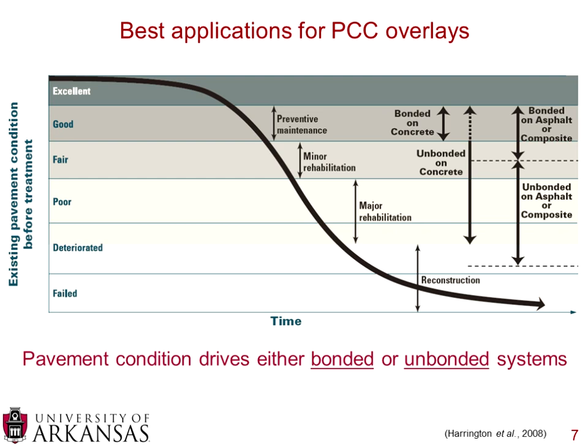So that's kind of how the pavement deteriorates and what sort of things you're looking at doing once a pavement reaches that stage. And you can see there on the far right, they have our two types of overlay systems. You have your bonded system and your unbonded system. And you can see where the pavement condition needs to be in order to apply some of these treatments. So if the pavement's in good condition, you can consider using a bonded overlay on concrete or a bonded overlay on asphalt or composite.